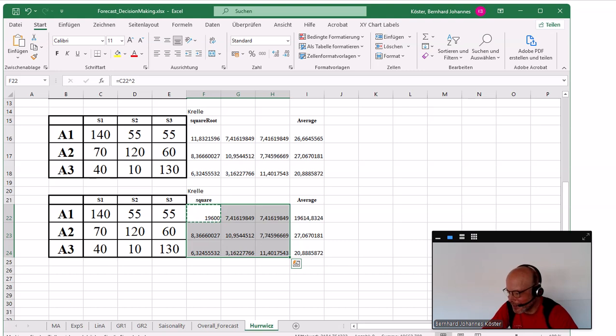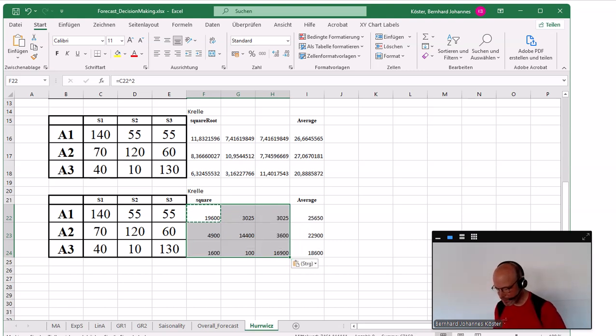Great. Yes. And especially A1 is with the maximax best. And here with a square, even this 140 gets a higher weight. And therefore, I think it will be the case. Yes. And we see it.